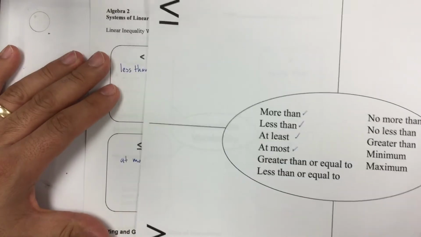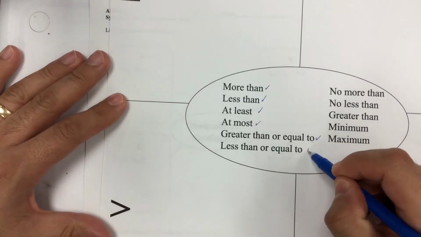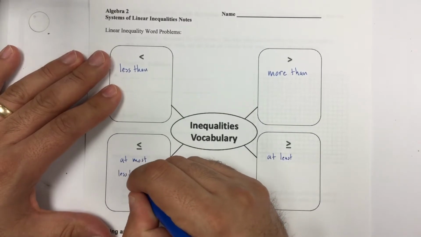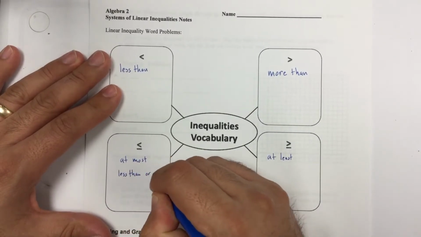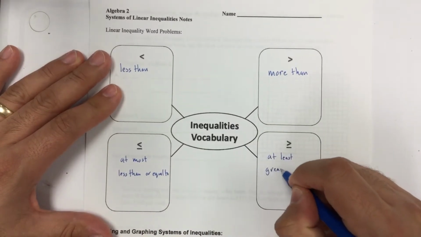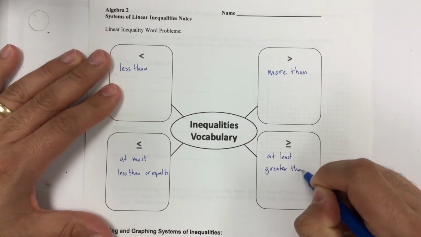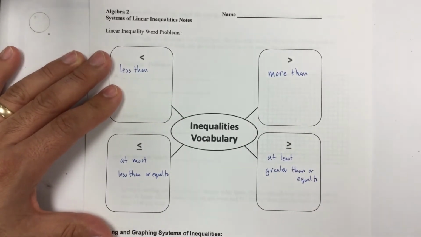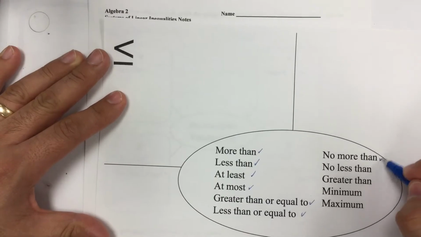Greater than or equal to and less than or equal to, I think we can figure out where those go pretty easily. So this is less than or equal to. And this one over here is greater than or equal to. All right, no more than.